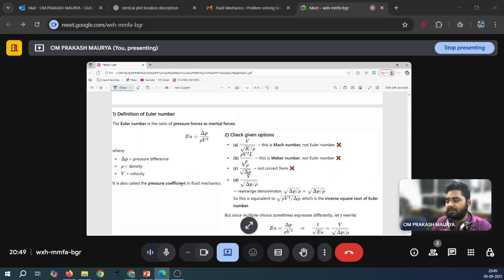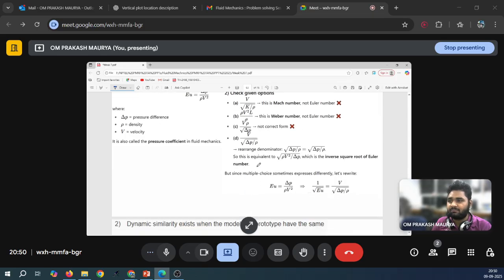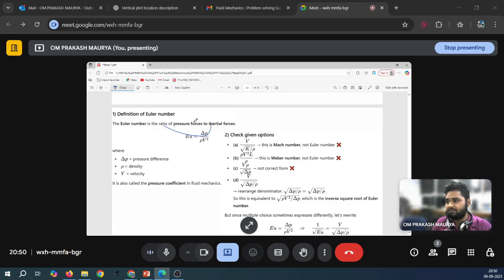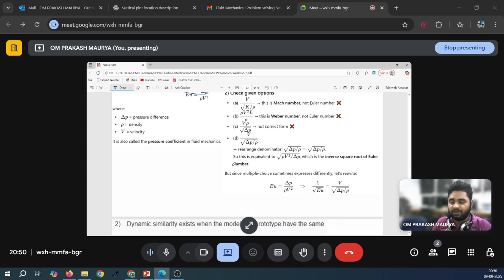Okay, without delay I'll go through the answer. So what is the definition of the Euler number? The Euler number is the ratio of pressure force to inertia force. Okay, whatever, this definition was wrong, don't worry. So finally, your answer should be the Euler number equals delta P divided by rho V square.